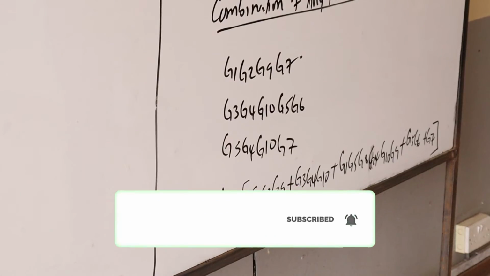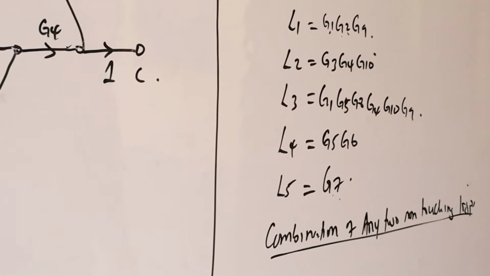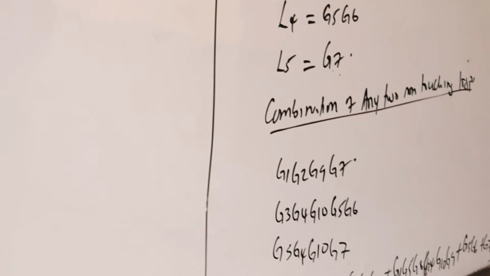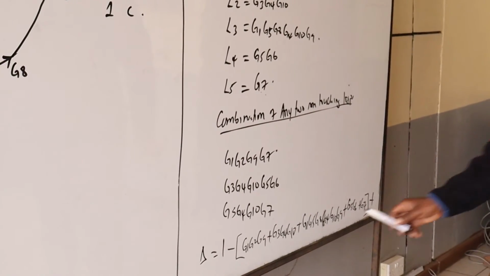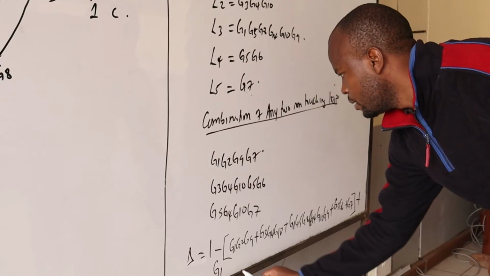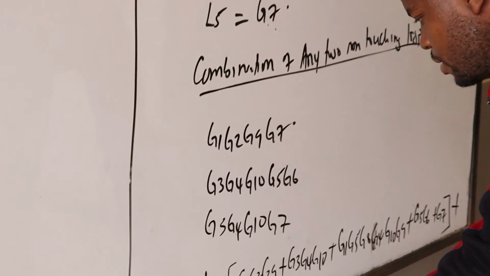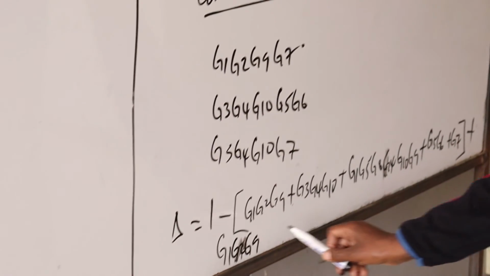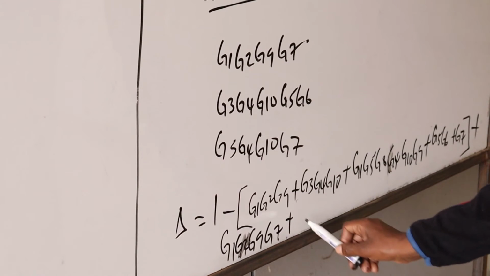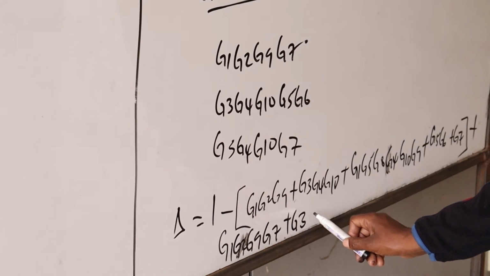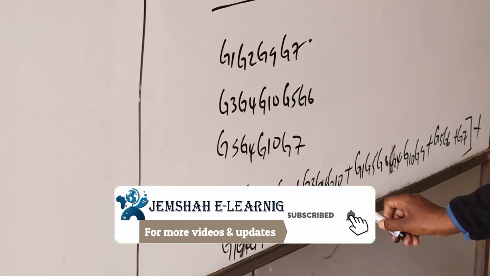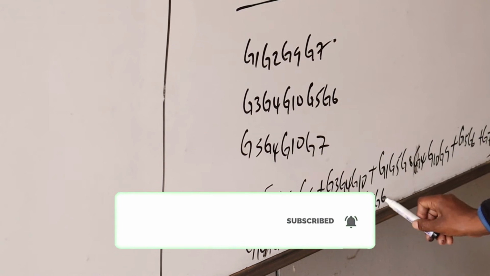Then the combination of two non-touching loops, plus we can get the whole of that. Of course, there is nothing that is negative, so it's going to be plus G1, G2, G9, G7, plus G3, G4, G10, G5, G6.